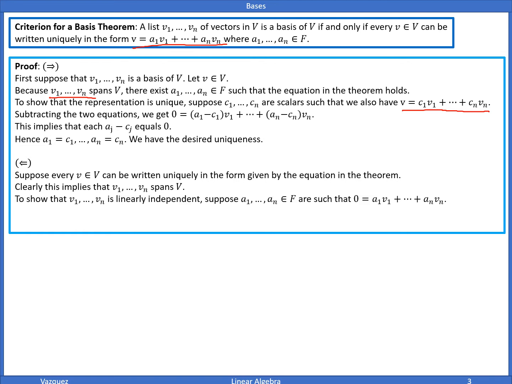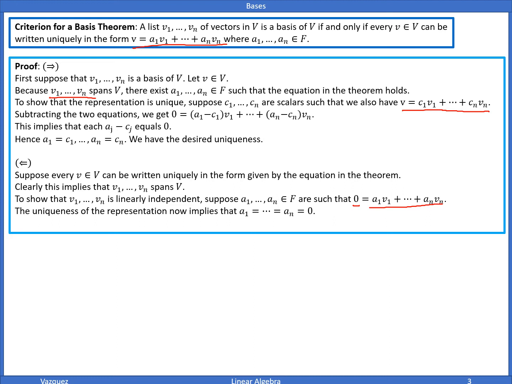So to show that V1 through Vn is linearly independent, we're going to suppose that there are scalars such that a linear combination is equal to 0. So the uniqueness of the representation implies that A1 is equal to A2 equal to A3 all the way to An, and they're all 0.